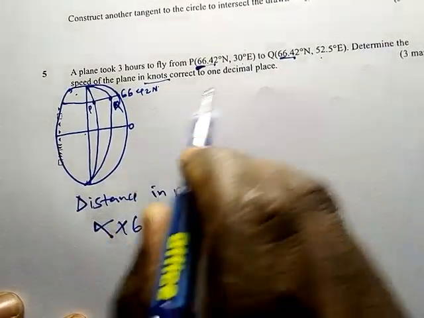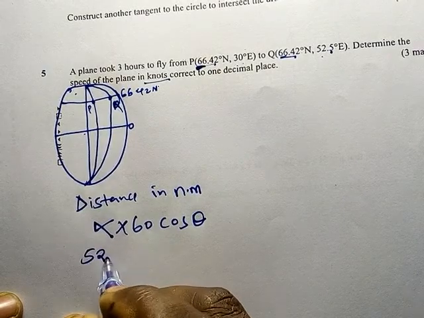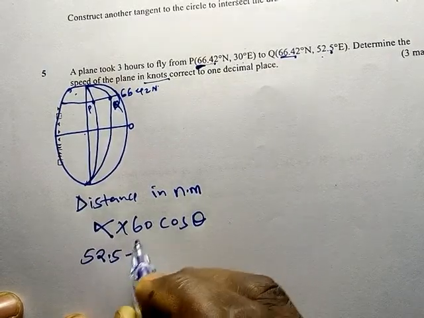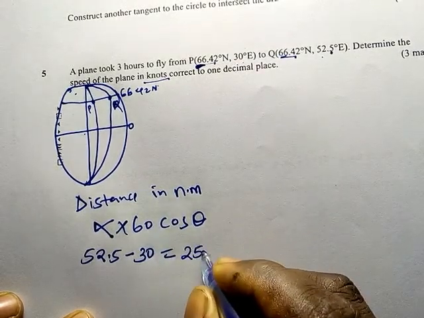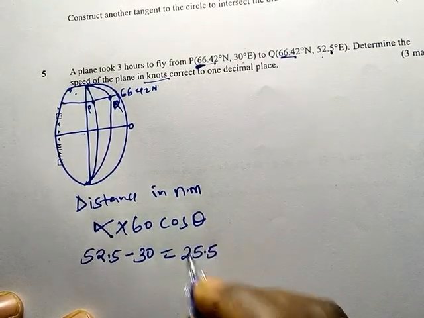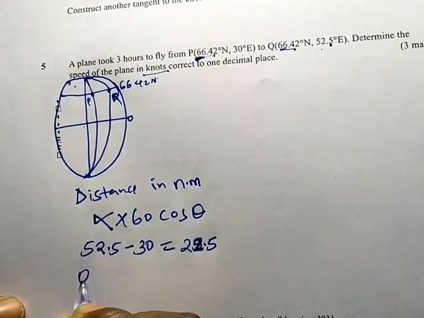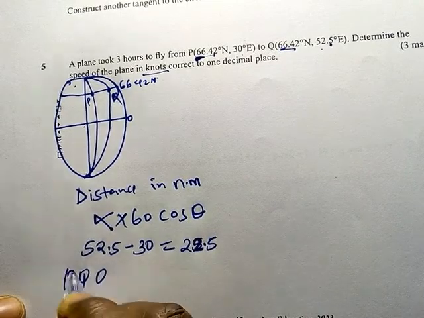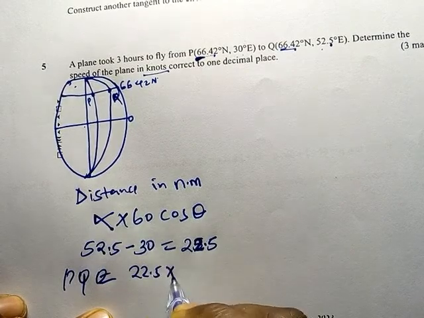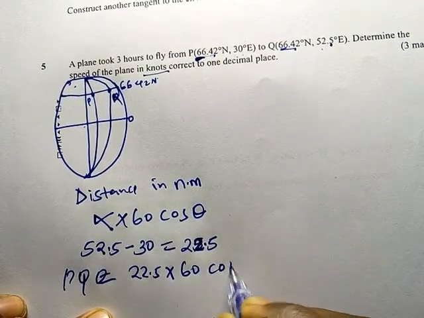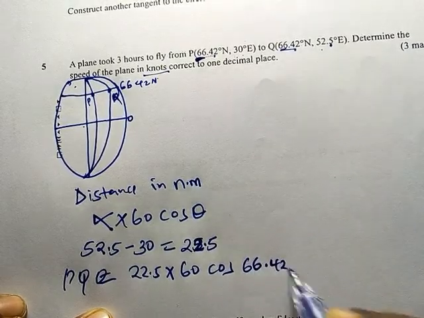Now we substitute the angle difference. This is east, so that is 52.5 minus 30, because they are on the same side. So we are going to have 22.5. So the distance PQ is given by 22.5 times 60 cos 66.42.